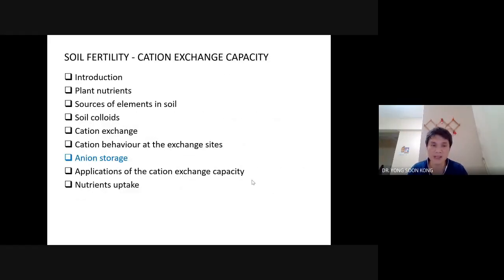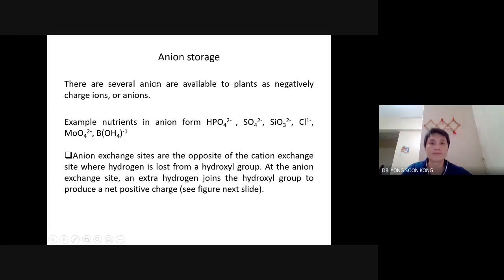Okay, the next part is anion storage. Anion is also one thing that people look at, because why? When you look at these anions, what are they? They are nutrients. Hydrogen phosphate is extremely important for normal plant growth. So does nitrate. Well, how come nitrate is not here? Nitrate is a major one.